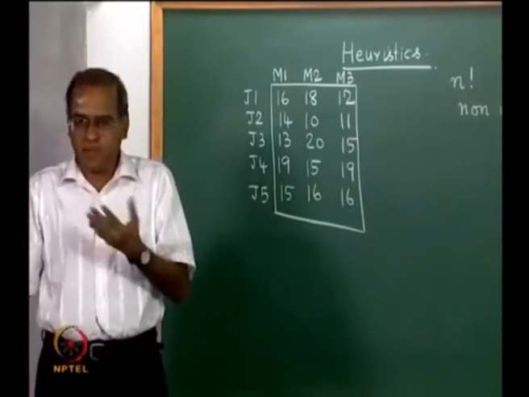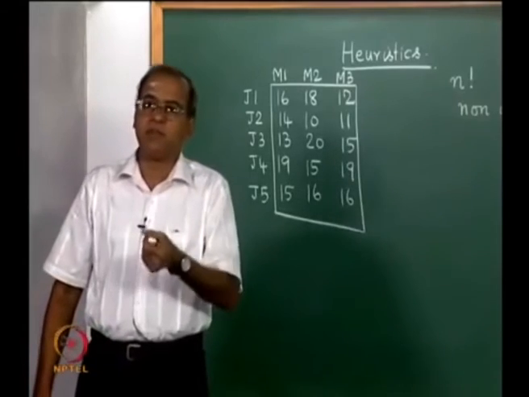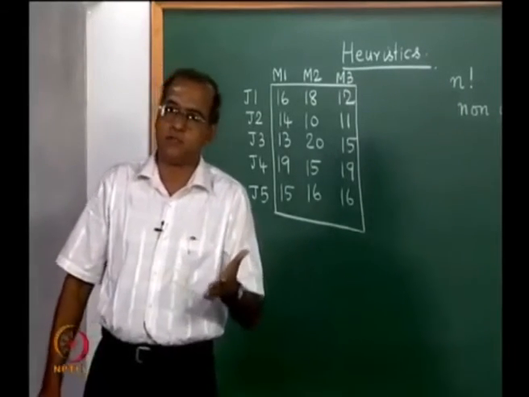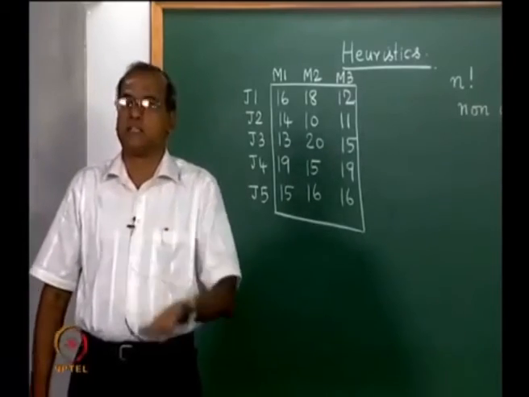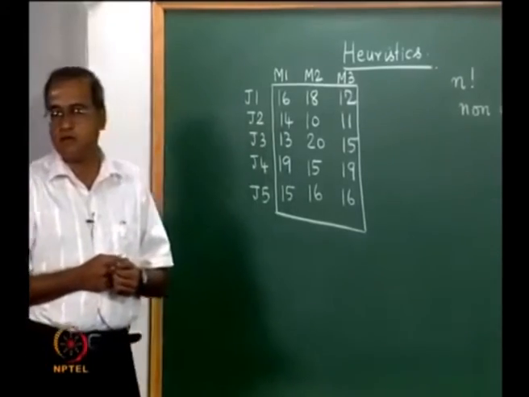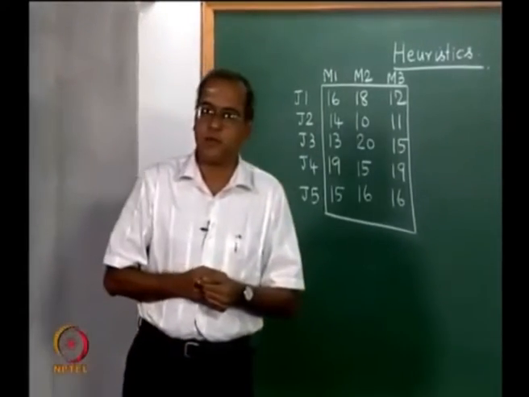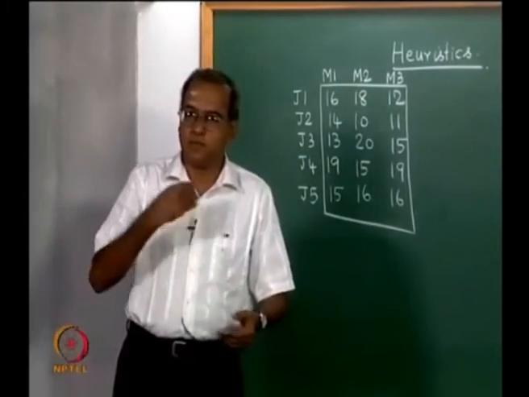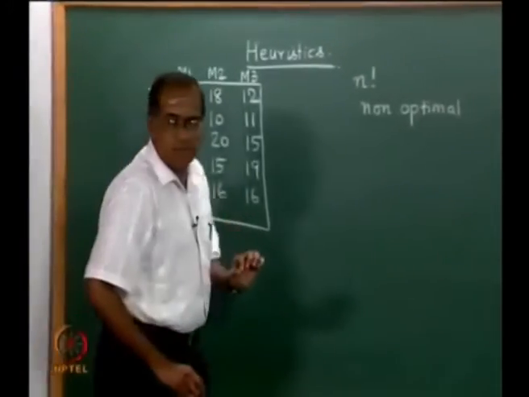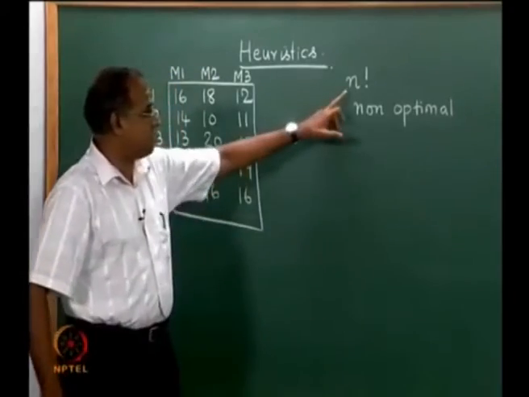They do not guarantee optimal solutions on all occasions. We will now look at some heuristics to solve the general flow shop scheduling problem to minimize makespan. But before that, let us look at one aspect regarding this n factorial.